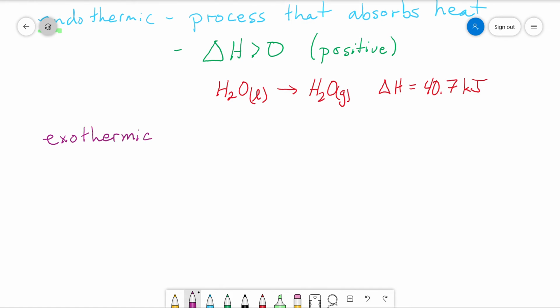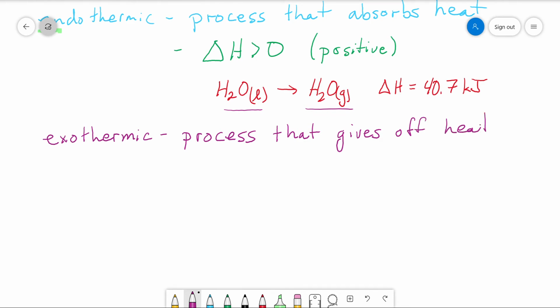And this is a process, and when I say a process, it can mean a chemical reaction, or up above here, the water going to gaseous water. There's no reaction occurring, but it's still a process that involves heat. So this is a process that gives off heat. So that means delta H is less than 0. This is just another way to say it's negative.